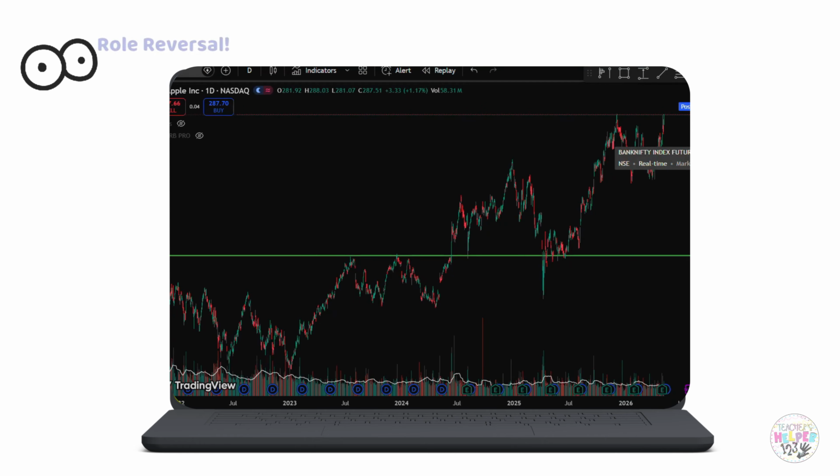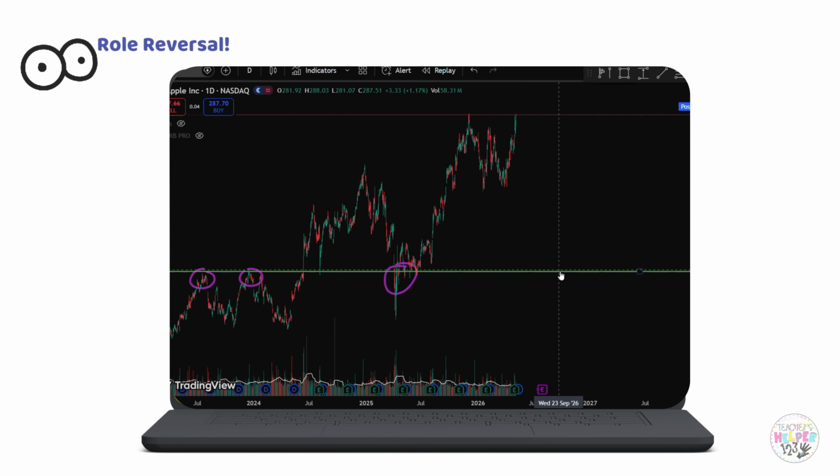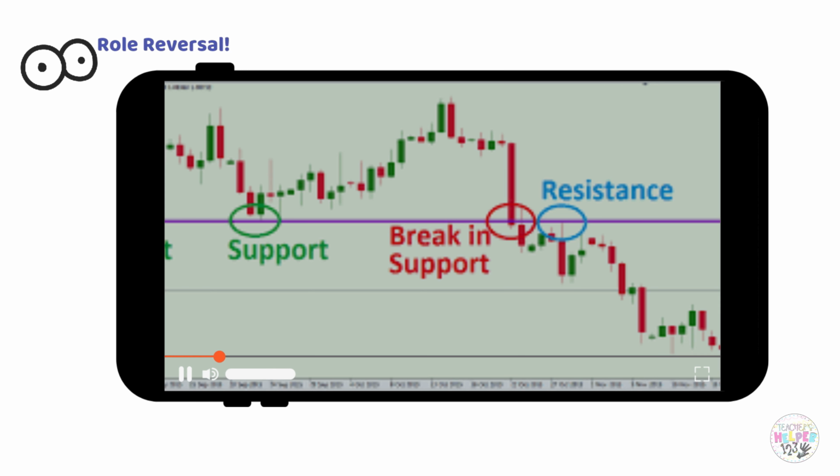This is the Apple chart, and it looks like here, this is resistance, and then it breaks out and comes right back down, and it becomes support. So what I would expect is if Apple ever came back here, it would bounce again. And the opposite is true for support.